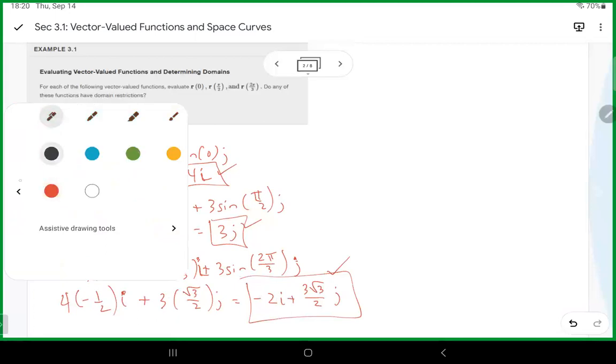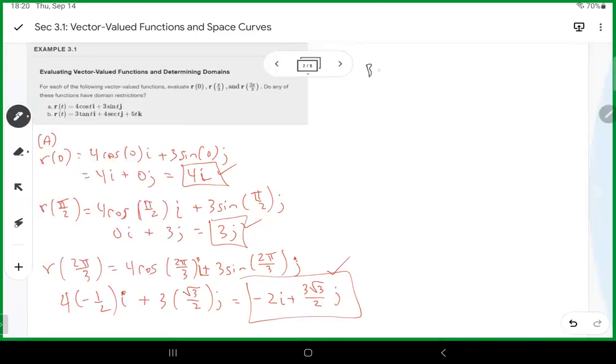Okay. So that is all for part A. To determine whether the function has any domain restrictions, consider the component functions separately. The first component function is f of t, 4 cosine of t.